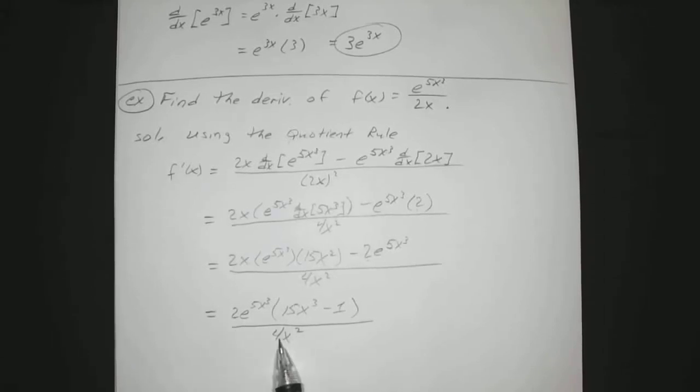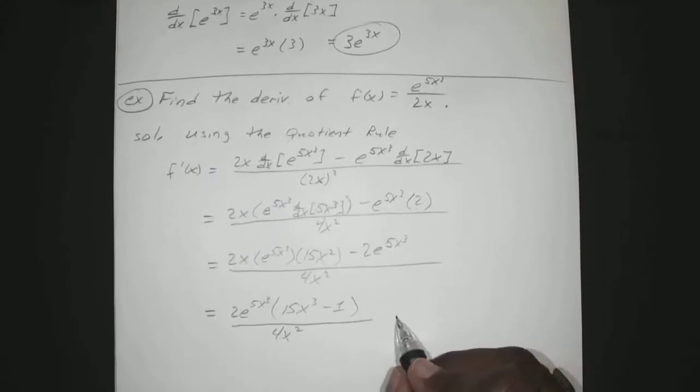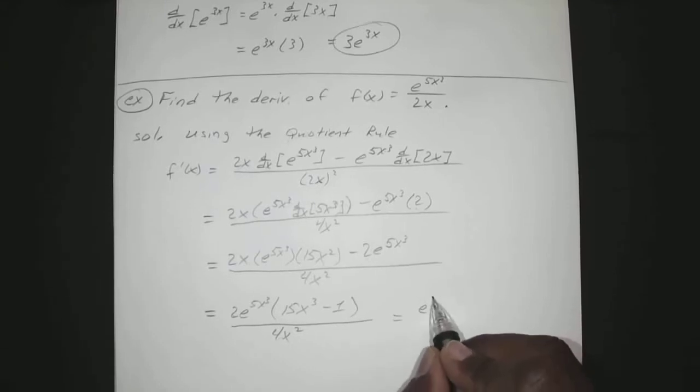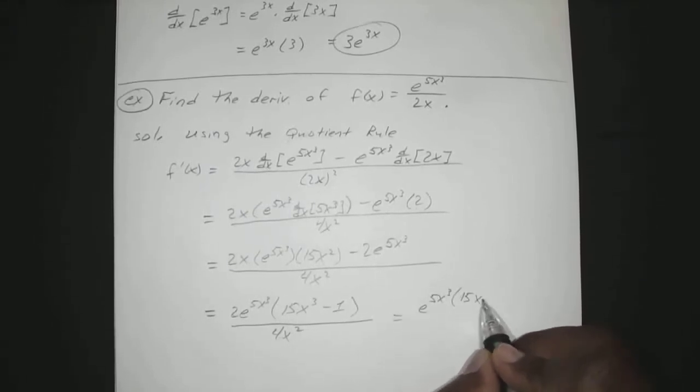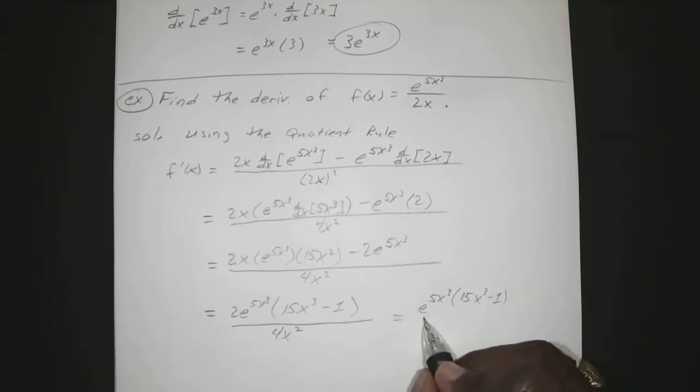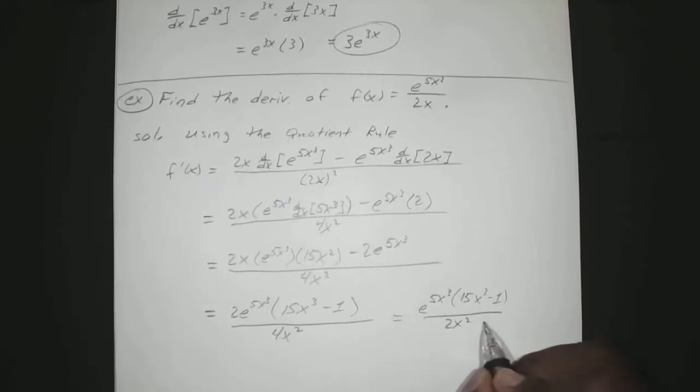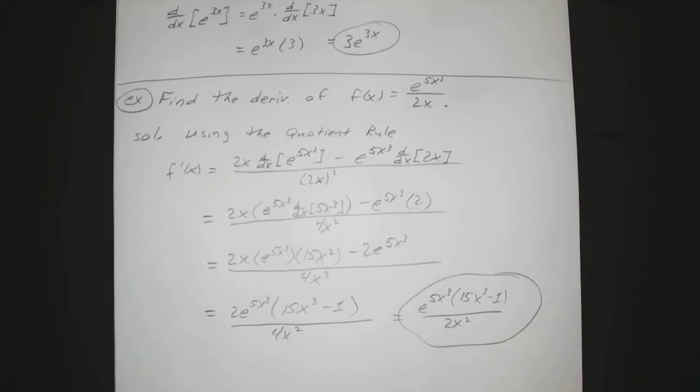And then if we simplify the 2 and the 4, we just end up with e to the 5x to the third times 15x to the third minus 1 all over 2x squared as our final simplified answer.